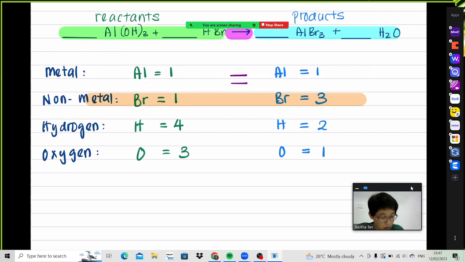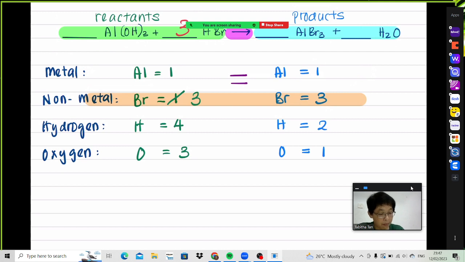So if we put in 3 here, then you will see that 3 multiply 1 piece of bromine will happily give you 3 pieces of bromine, and it seems to achieve your target, right? So you got the 3 here.